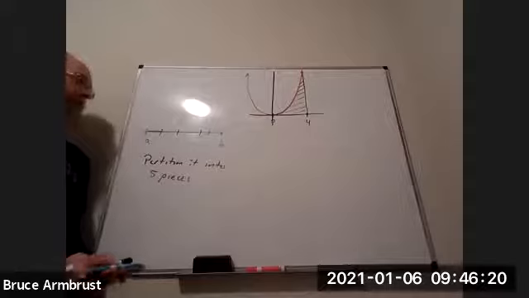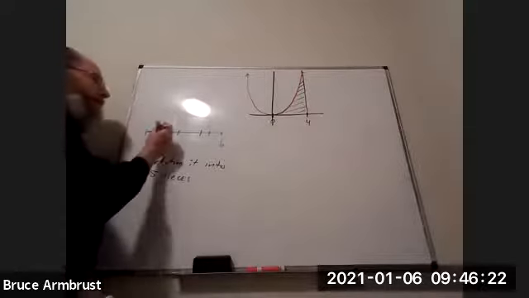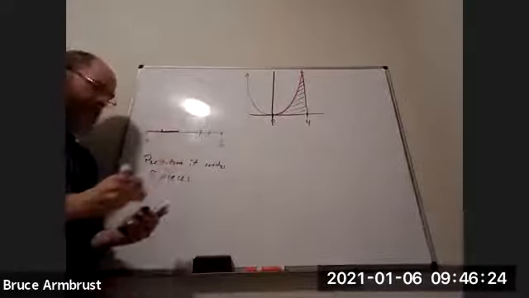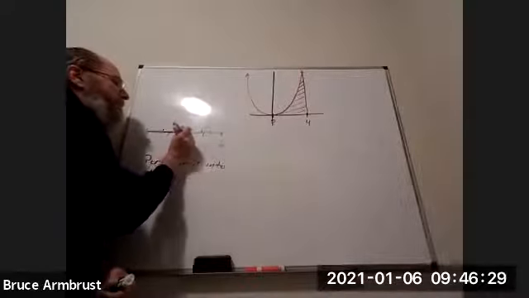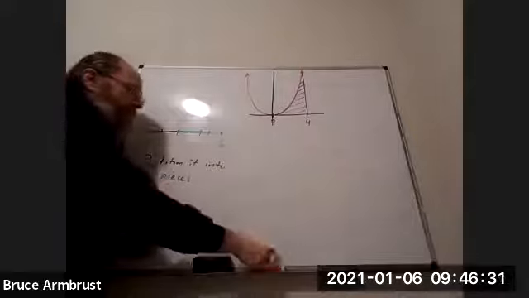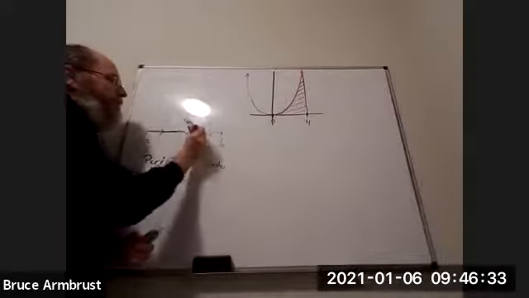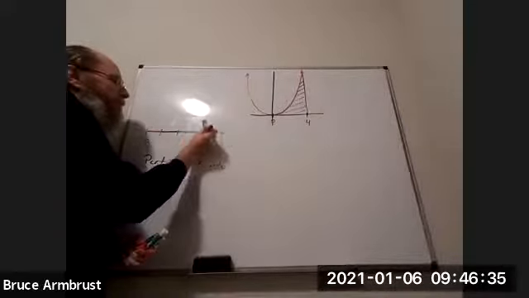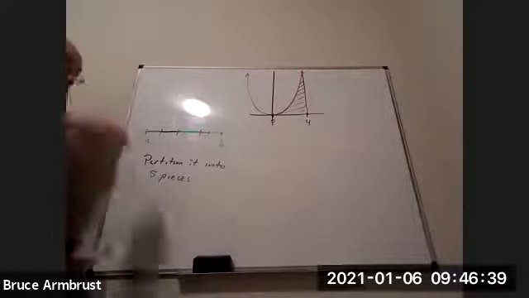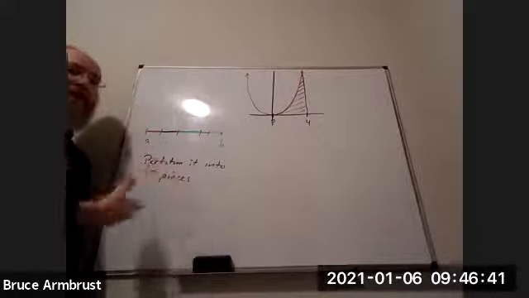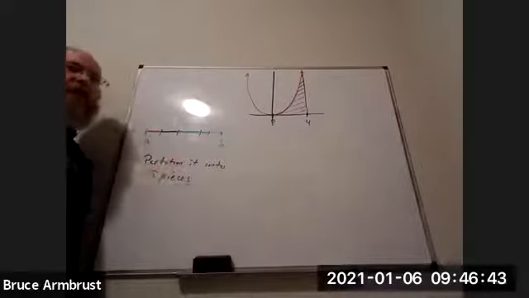Here's piece number 2, black one. Piece number 3, we'll make that light blue. Piece number 4, we'll make orange. And piece number 5 will leave green. But you can see those 5 different pieces, right? This is a partition of that interval.